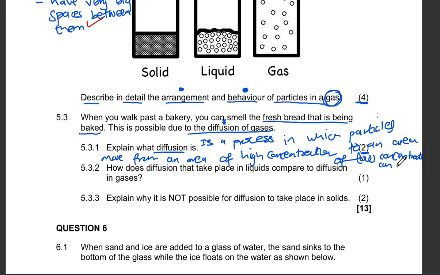All right. So that is diffusion, guys. We do get 2 marks for that.